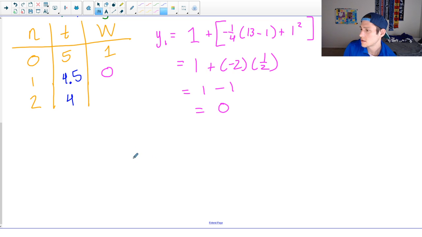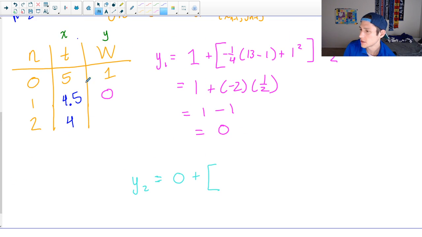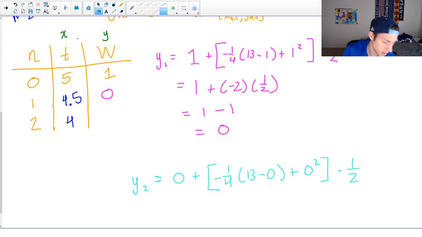Okay, so now let's find the second y value. We use our previous one, which is 0, so 0 plus dw dt, but now I'm plugging in these values. So negative 1/4 times 13 minus w of 4.5, which we know is 0, so 0 plus 0 squared, times h, so times 1/2.